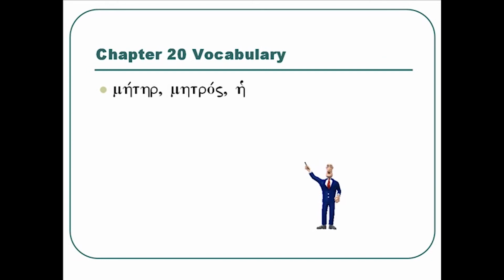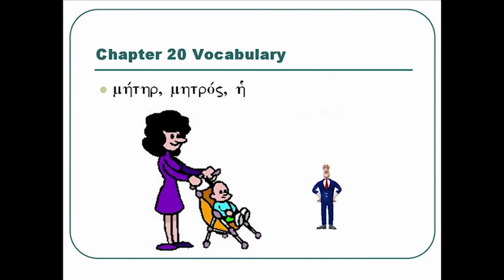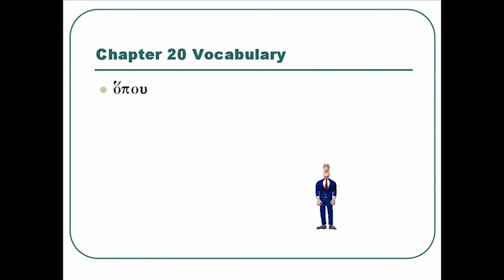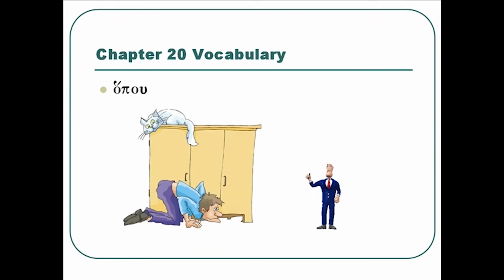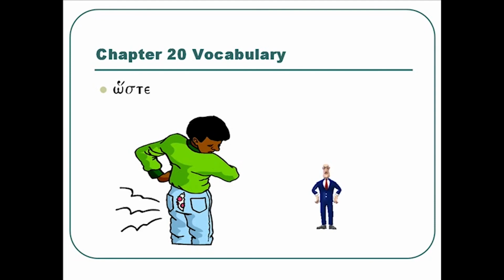The eighth word is mater, and it means mother. The ninth word is hopu, and it means where or since. And the tenth word is hoste, and it means therefore or so that.